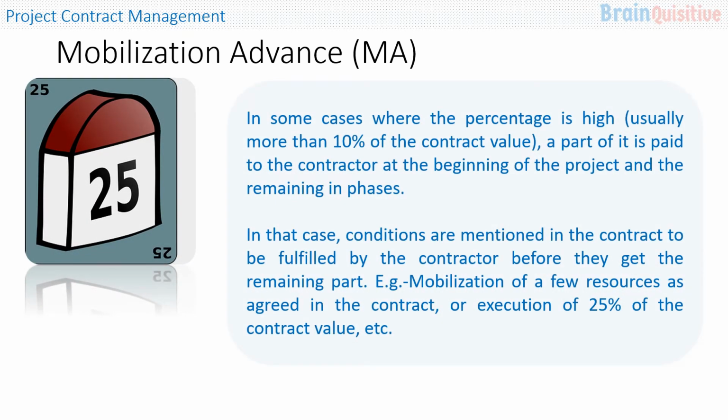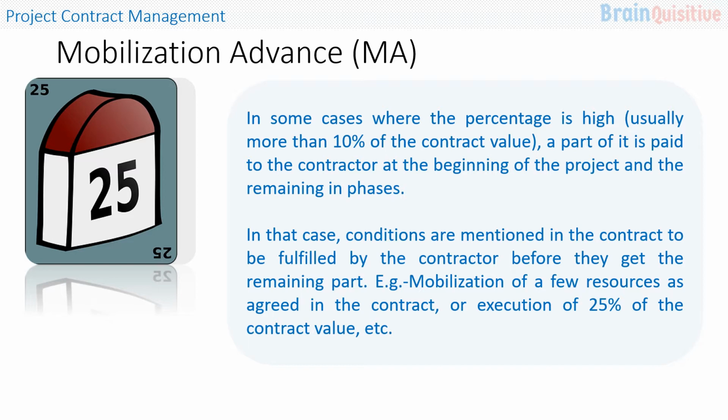In some cases where the percentage of mobilization advance in the contract is high, usually more than 10% of the contract value, a part of it is paid to the contractor at the beginning and the remaining in phases as mentioned in the contract. In that case, the conditions are mentioned in the contract which is to be fulfilled by the contractor before they receive the remaining part of the mobilization advance.